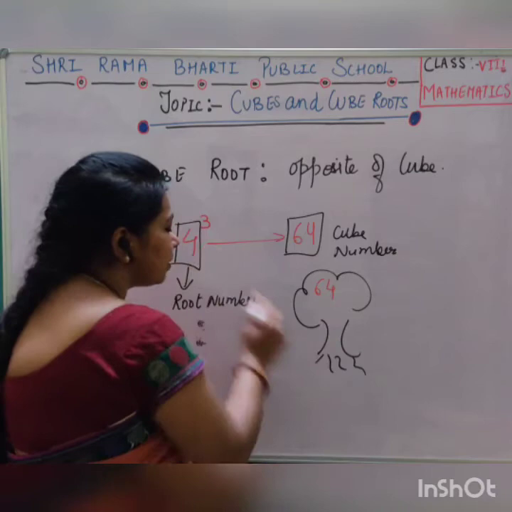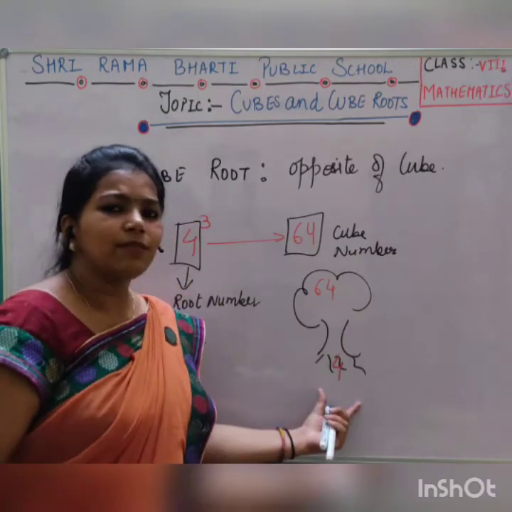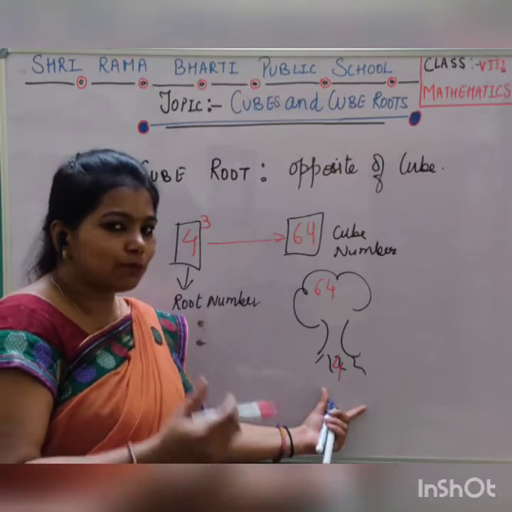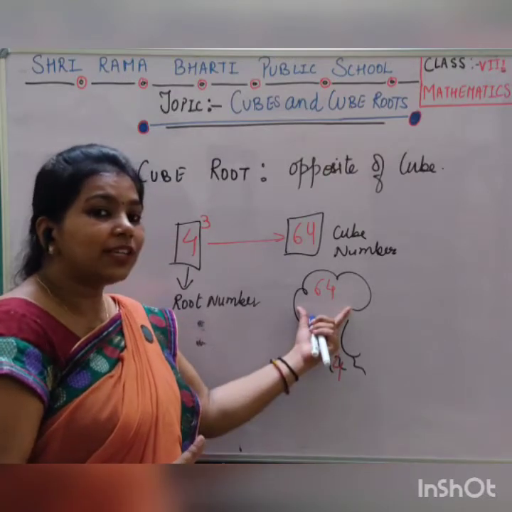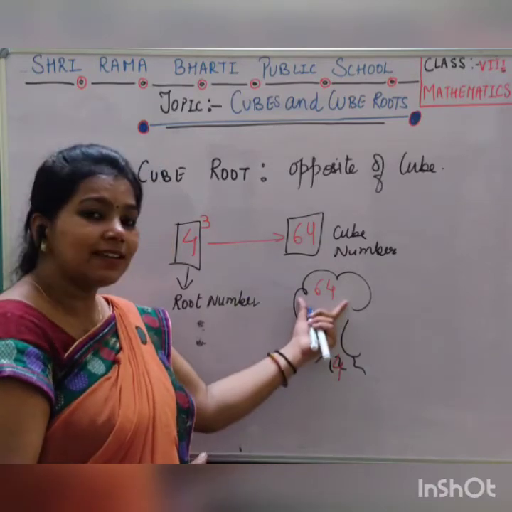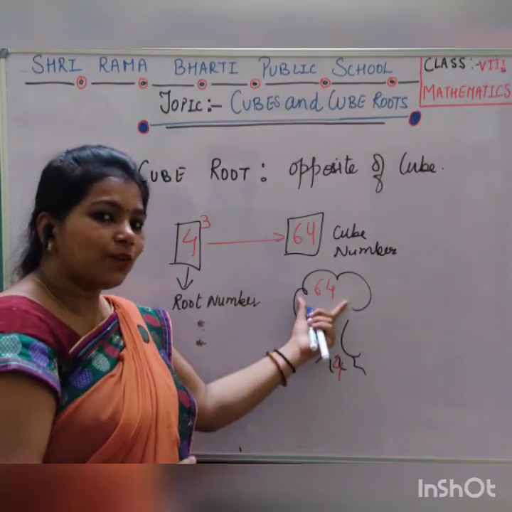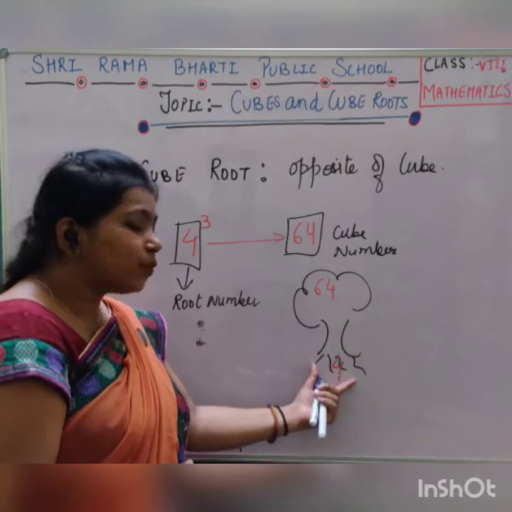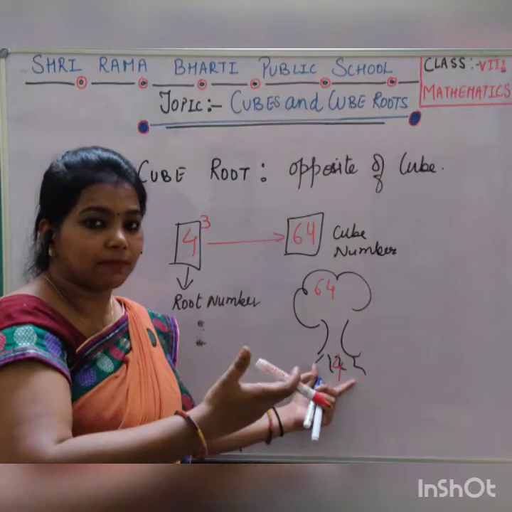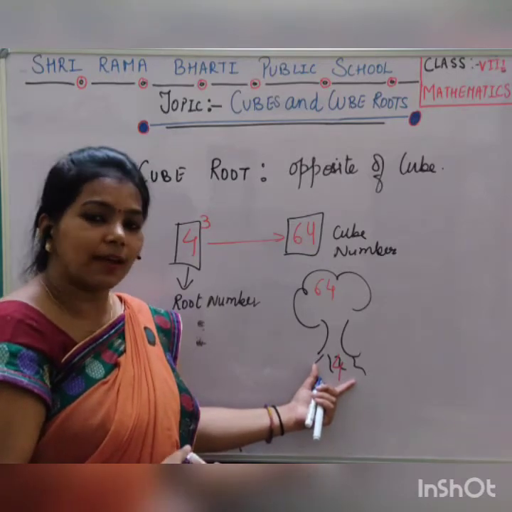So the root will be 4. This is a visual way you can remember the concept: root means the smaller number and the fruit is the resultant. It is the initial stage and that is a later stage. So root means from where the cubes come. So that is a root number.